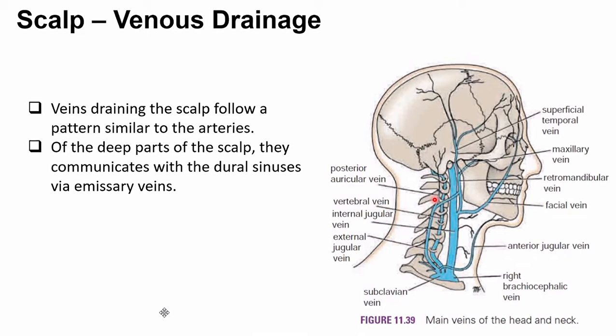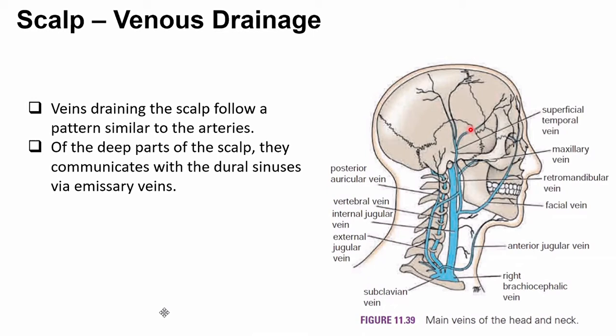So I just want to give you the idea, not necessarily memorizing all these, that a good number of venous anastomoses also happen here. Hindi ito magulo na venous drainage. Somehow they go together and they follow the pattern similar to the arteries.